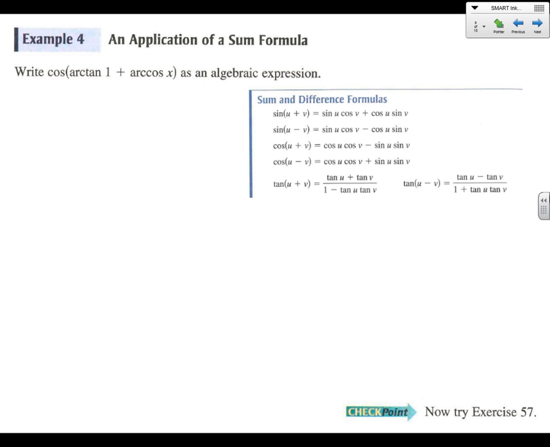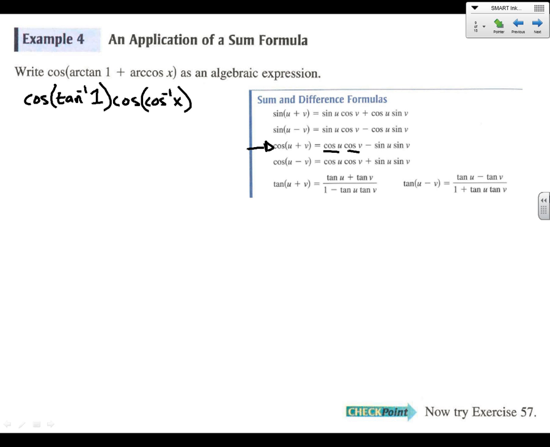Okay, all right, so similar work here on example 4. We're going to use what we know about arctan. And arctan with a regular cos or sine means draw a triangle. But let's write the formula out first. This is a cos of u plus v. So this is going to be cos arctan, and just for space I'm going to use the tan inverse of 1, cos inverse cos of x.